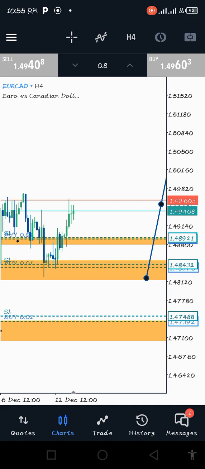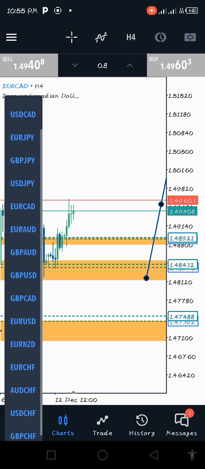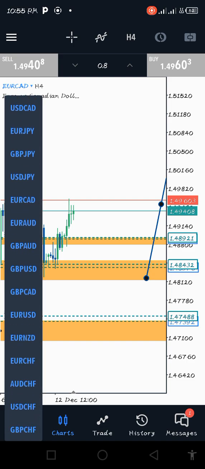So if I can move to another pair, I wanted to analyze a Swiss franc related pair. Why?